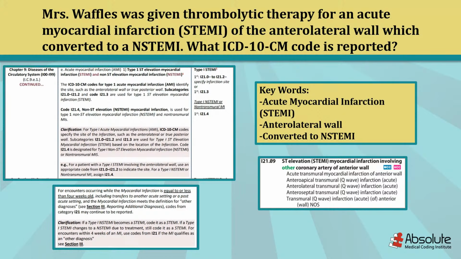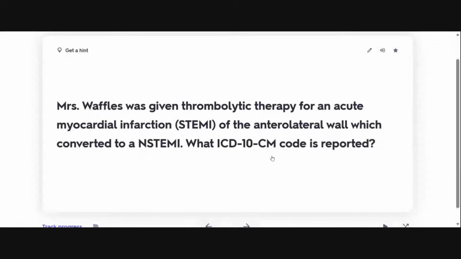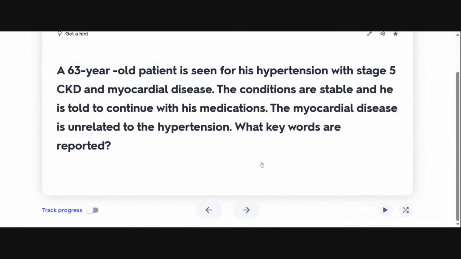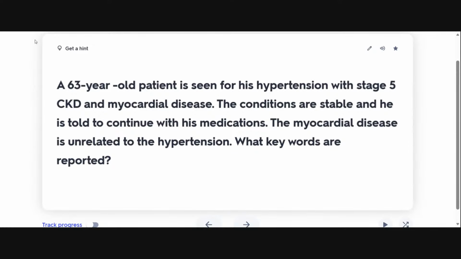All right. And now I'm going to move back over to our Quizlet so we can go over our next scenario. All righty. Perfect. Okay, so yes, that is going to be the code I21.09. And next scenario, we're going to go back to selecting our keywords.